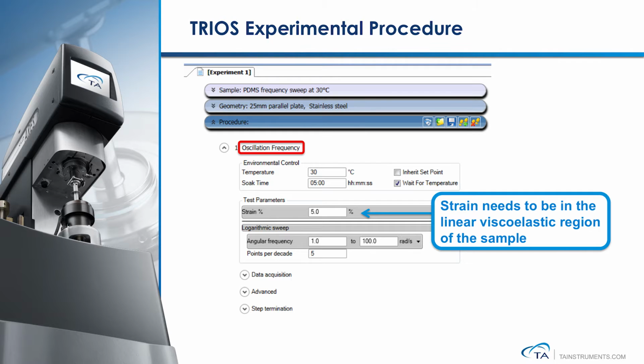Please note that this amplitude has to be within the linear viscoelastic region of PDMS under the frequency range selected. Choose a logarithmic sweep of angular frequency between 1 and 100 radians per second, collecting 5 data points per decade. All settings below this point will remain at their default values.